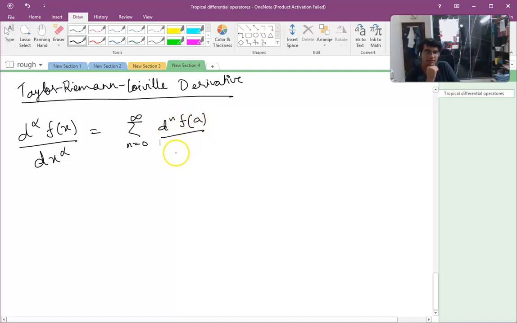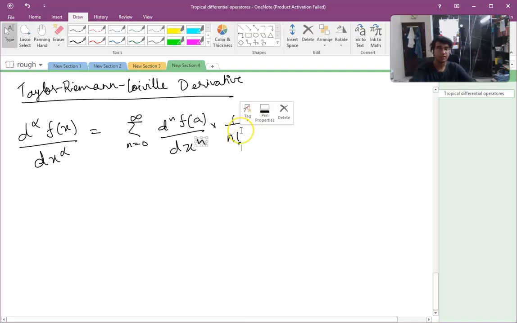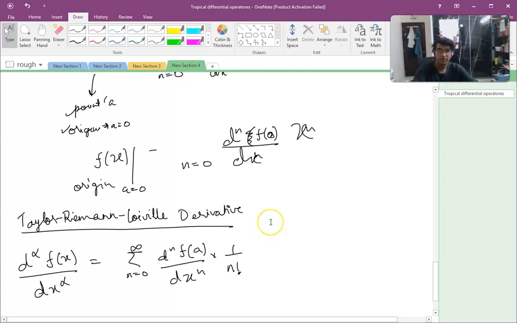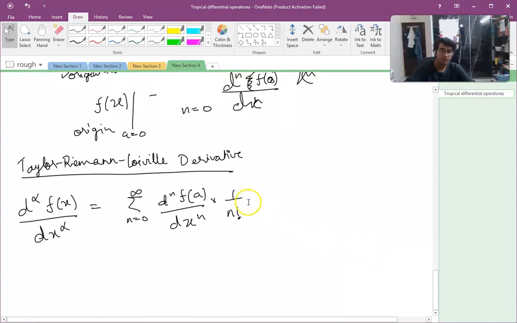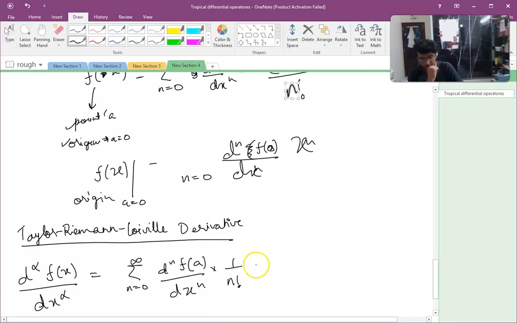Let's keep it general, let's not consider the origin right now. x to the power of n into 1 by, oh yes, I forgot to include the 1 by n factorial term in the Taylor series. Let me go back and fix that now. Divided by n factorial. All good. So into n factorial, and now the inside part gets differentiated.